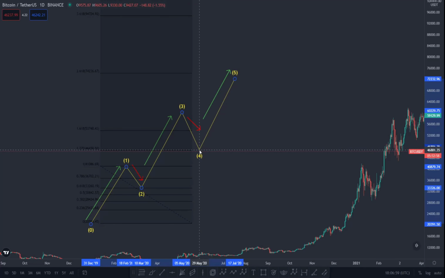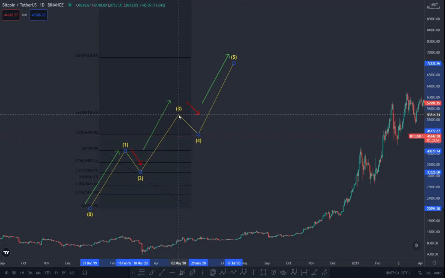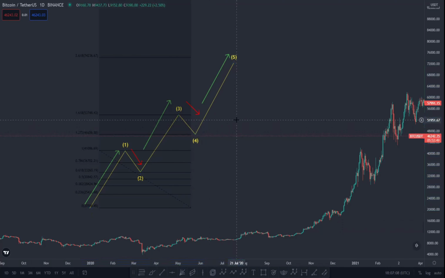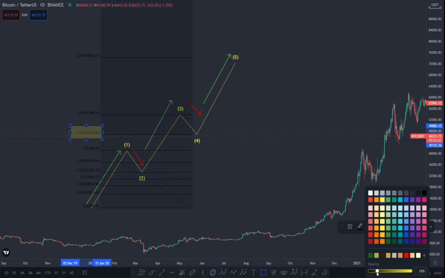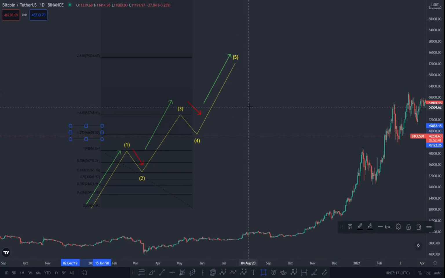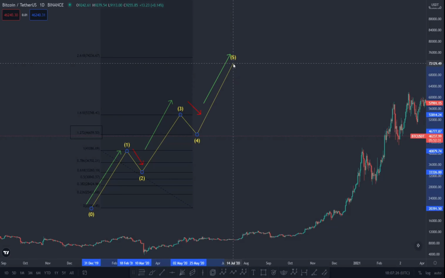And the second corrective wave, if wave 3 ends at the 1.618, typically bounces from this level, the 1.27, sorry, and it will bounce and head back up to the end of the third impulsive wave.